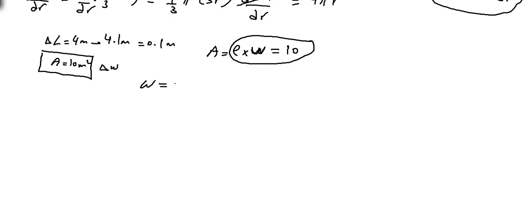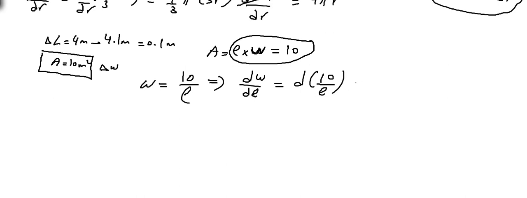So if we need the change of width, let us find the width. If length times width is 10, this means width is 10 divided by the length. Let's differentiate both sides with respect to length. So dW over dL is equal to the derivative of 10 over L, right? That means dW over dL is equal to minus 10 over L squared.